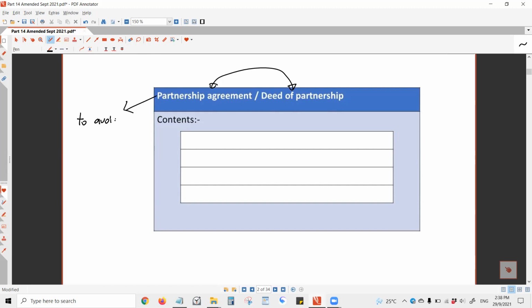To avoid future disagreement among partners.